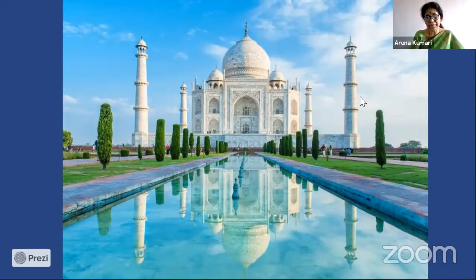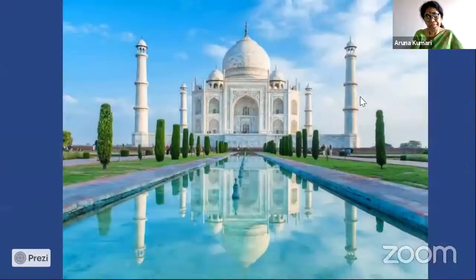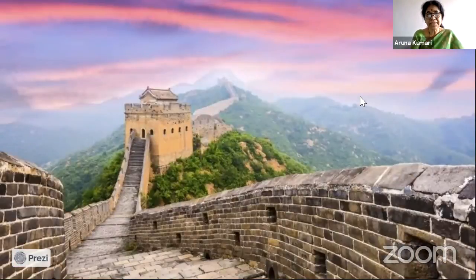Today, we will learn how they developed it, what the formula is, and who developed this. Okay. This is known as the Great Wall of China. See, I'm showing all these great monuments which were constructed long before, when there was no technology.